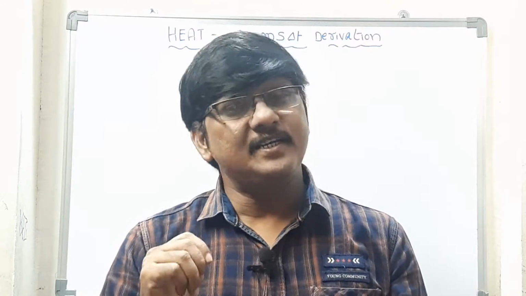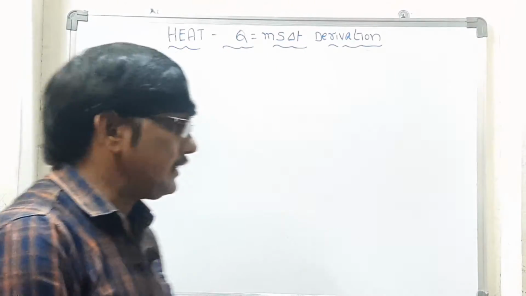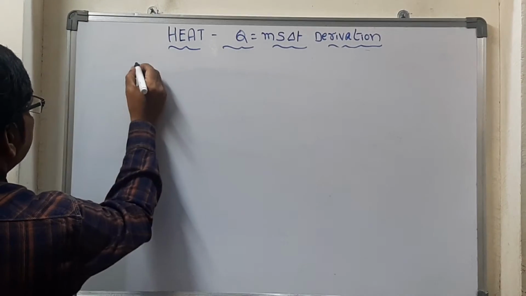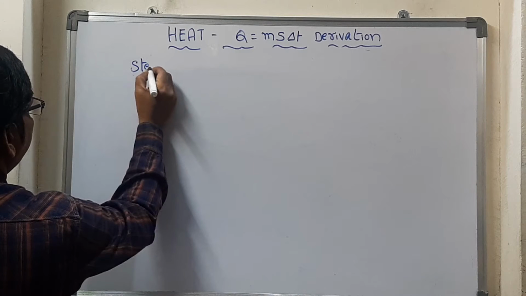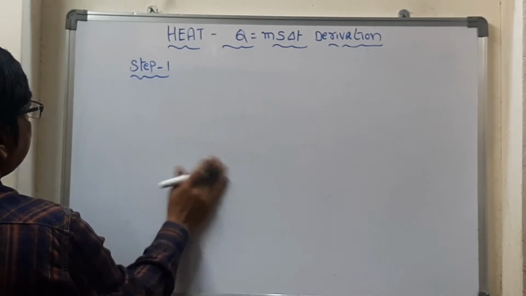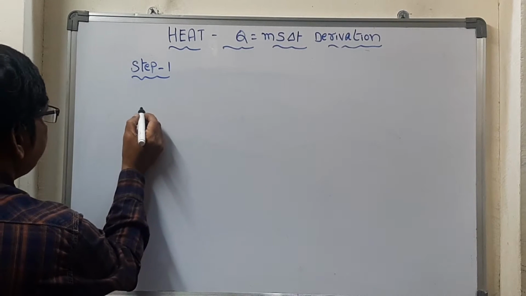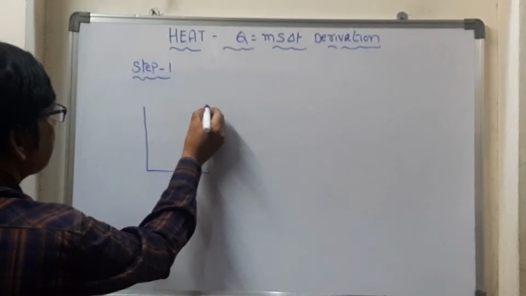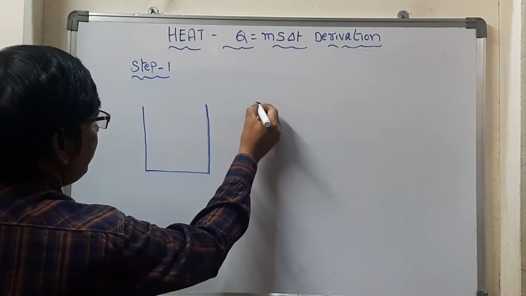Now let us see the illustration so that you will understand clearly. We can do it in two steps. In step 1, let us take two beakers. This is one beaker, and another beaker of the same dimension.